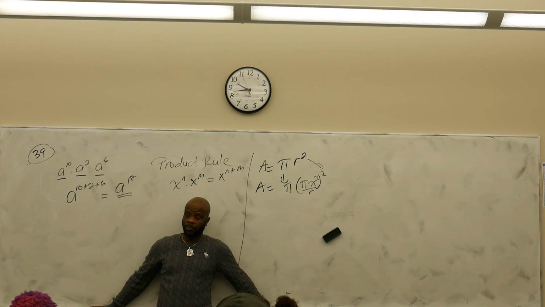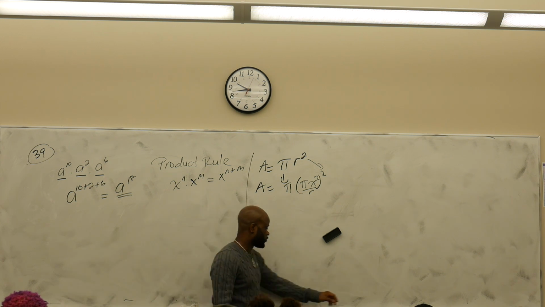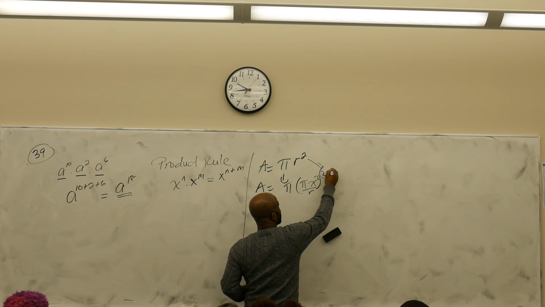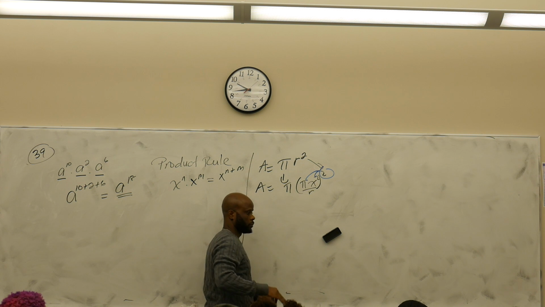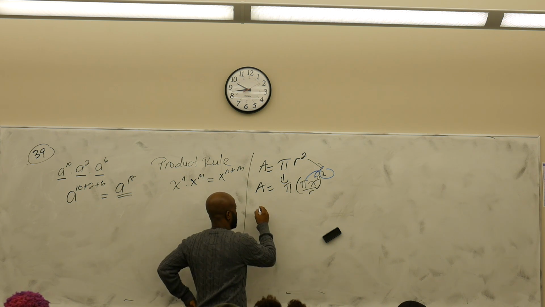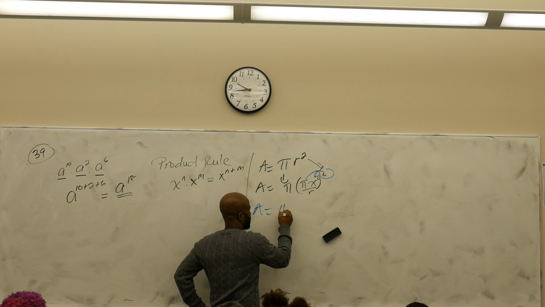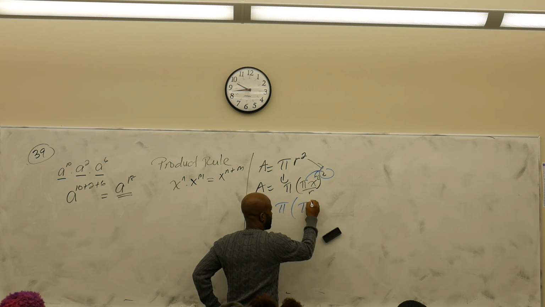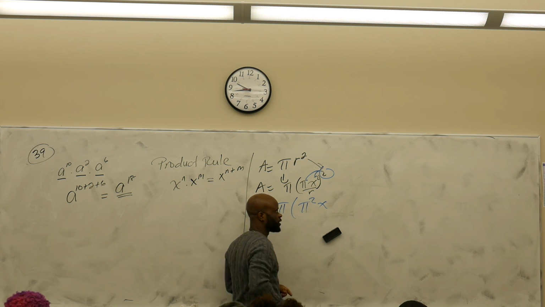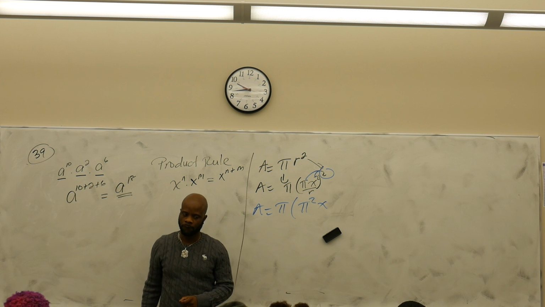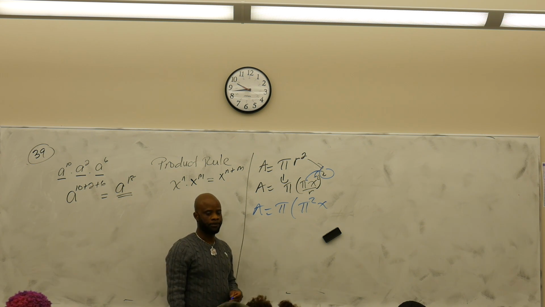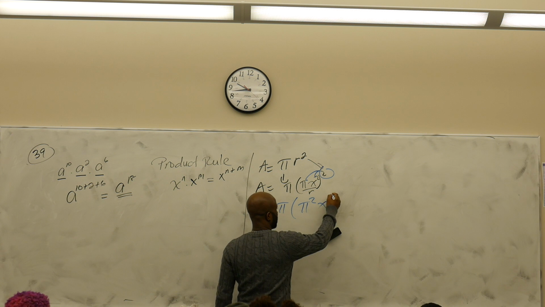So now we just need properties of exponents on that, right? What do we do here? Power rule. So first thing we distribute it, right? You get a 2, you get a 2. So this pi gets a 2. What will be the exponent on the x now? 4, because 2 times 2 for the power rule.